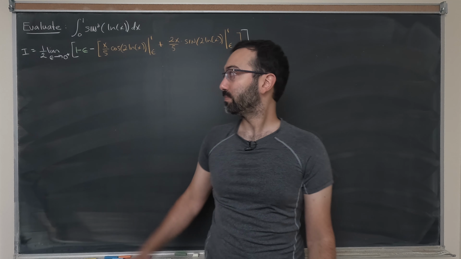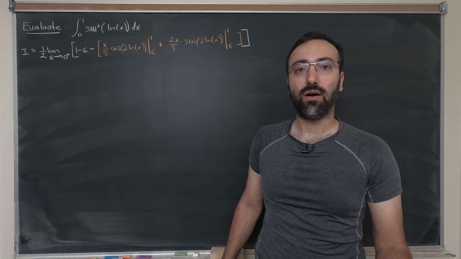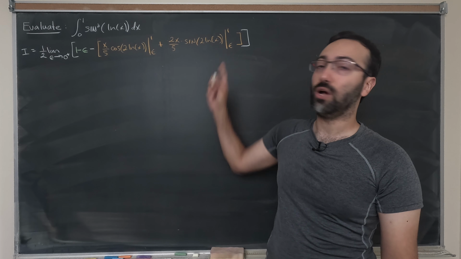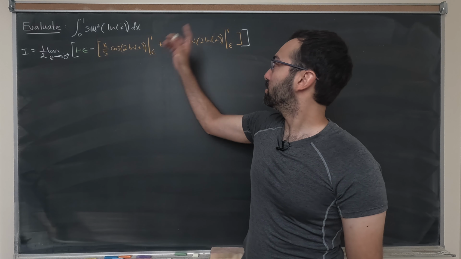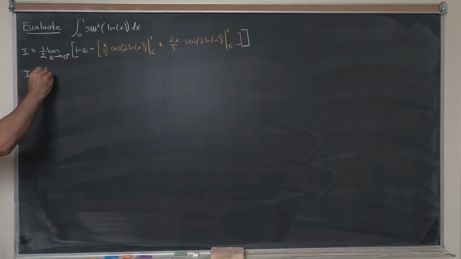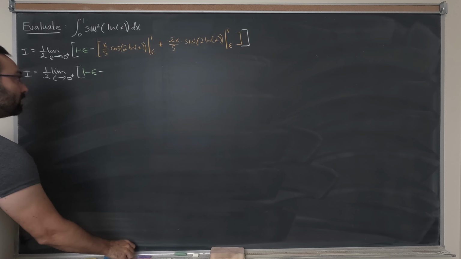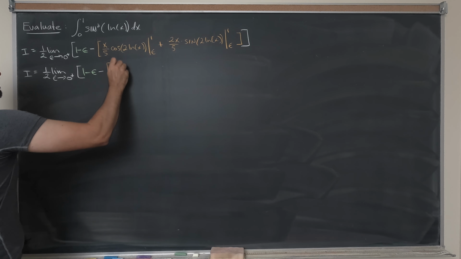Okay, so here we are now. We left off with I equals half the limit as epsilon approaches 0 from the right of our integral in green, I1, minus our integral in orange, I2. So let's evaluate our I2, what's in orange, from epsilon to 1. So we obtain the following. We'll leave what we have in green, minus, in orange, evaluating at 1, we'll plug in 1 here.